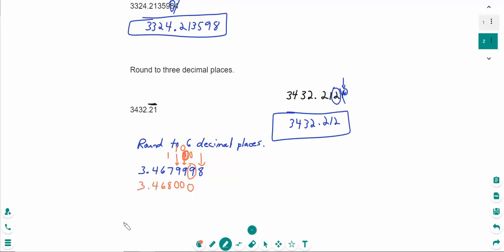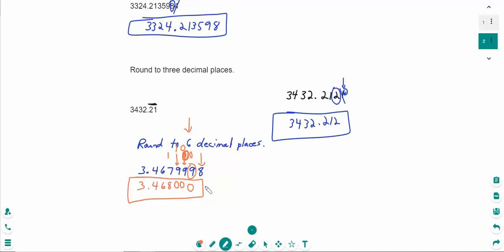Okay, so we end up with a number that's actually much different than you might have expected. All right, now if they were strict and they really wanted it to the 6 decimal places, you would say, okay, well, you wanted 6 decimal places, so I'm going to give you 6 decimal places. This one has 3 plus another 3, that's 6 decimal places.